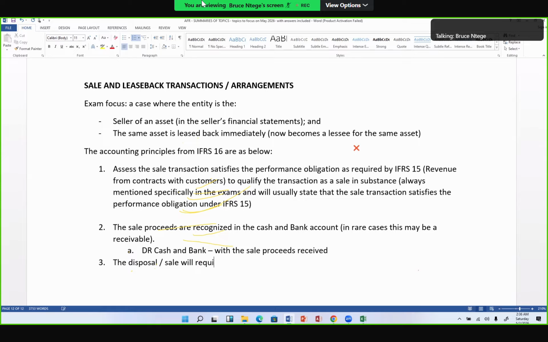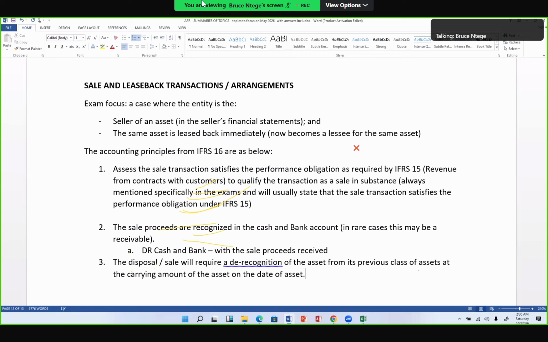So we have a derecognition of this asset from its previous class of assets at the carrying amount on the date of the sale. The examiner will give you that carrying amount. On that date of sale, we need to derecognize it, take it out of the category it was in.